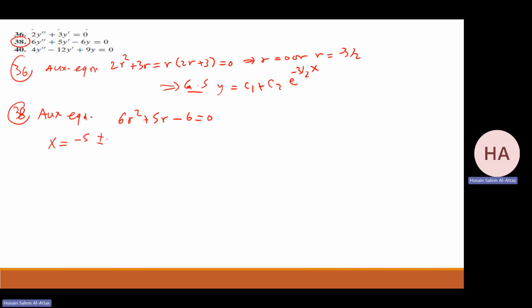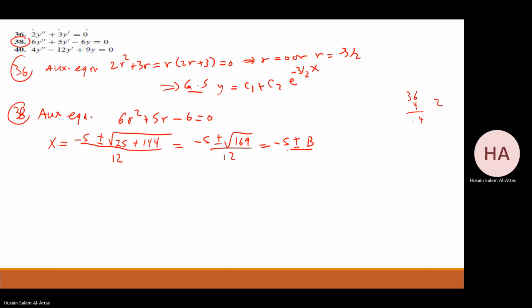Minus b plus or minus square root of b squared, 25, minus 4ac. 4 times 36. What is this? Let me do it. 36 times 4 is 144, with a plus sign, over 12. That will be minus 5 plus or minus square root of 169. That will be 13 over 12.